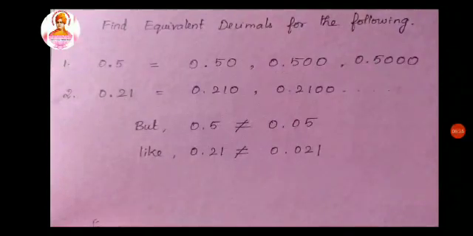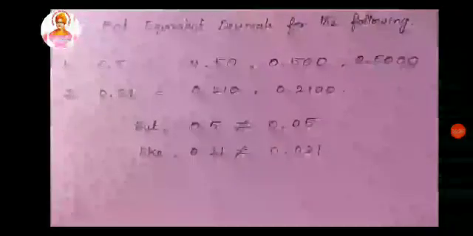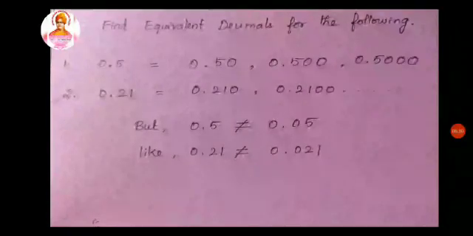The second sum is 0.21. Let's find the equivalent decimals for 0.21. I am going to add 0 for the decimal places: 0.210, 0.2100. These two numbers are equivalent decimals for 0.21.